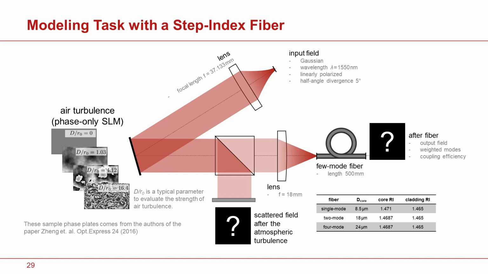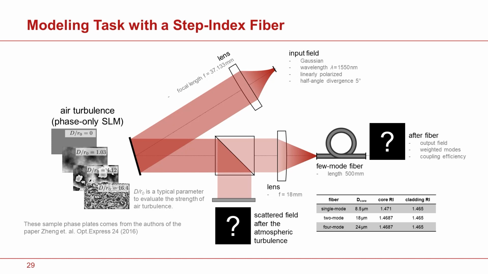So by reflecting our input, a collimated input beam, on that SLM that is going to simulate the presence of atmospheric turbulence, we then propagate on towards a beam splitter that is going to allow us to look at the scattered field after the atmospheric turbulence, and another part of that beam, a beam that has already interacted with the air turbulence, will propagate on towards the second lens that will focus it onto the entrance of a few-mode fiber.